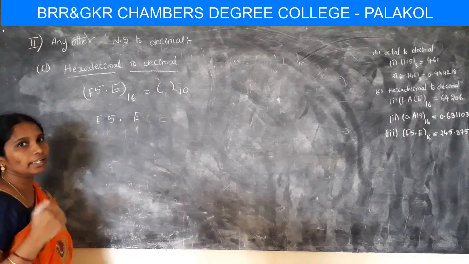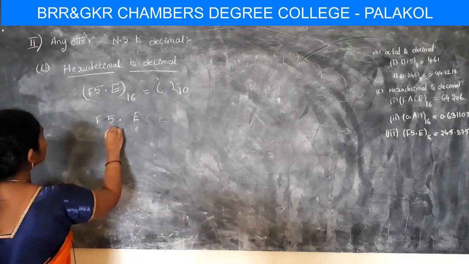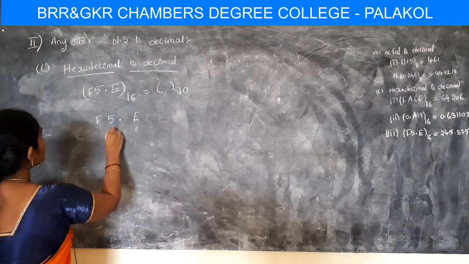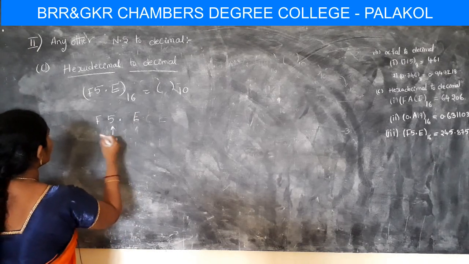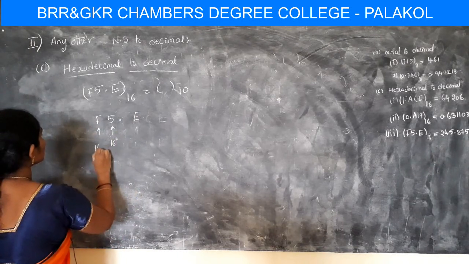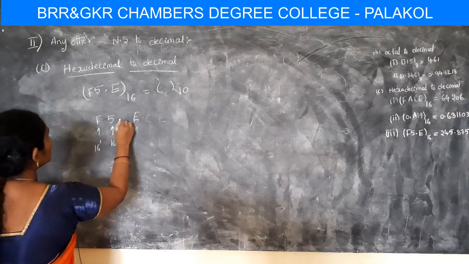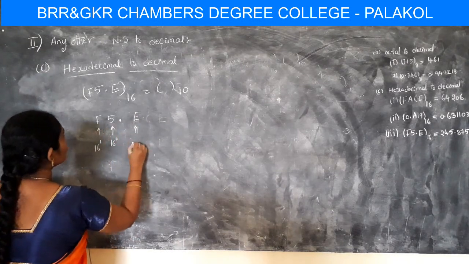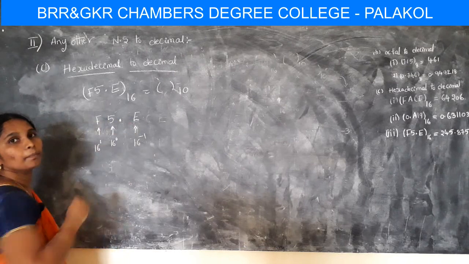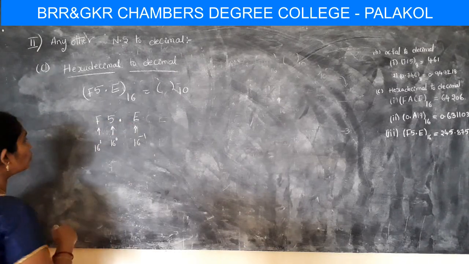So here this is 16 power 0 and this is 16 power 1, and there is a decimal point, therefore it is 16 power minus 1. And how to write this?